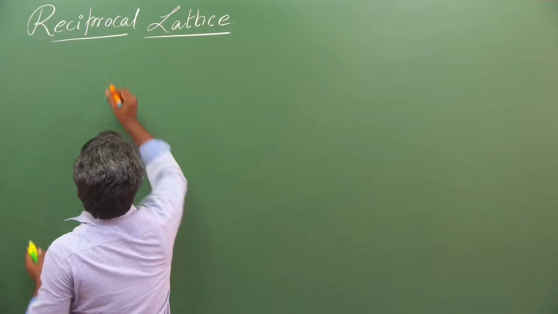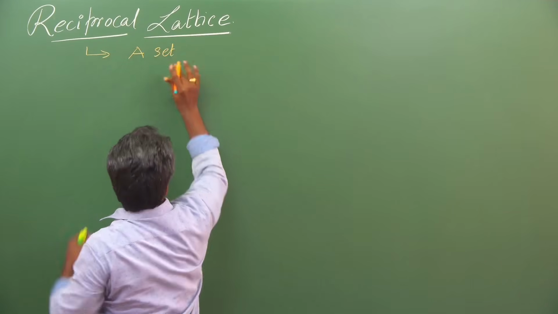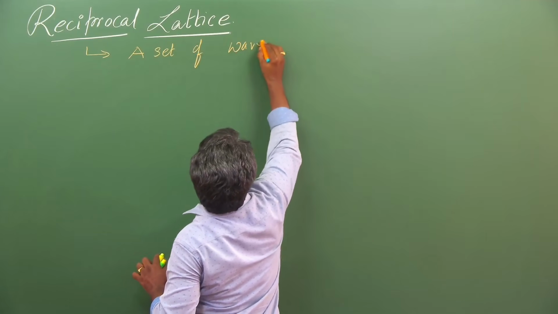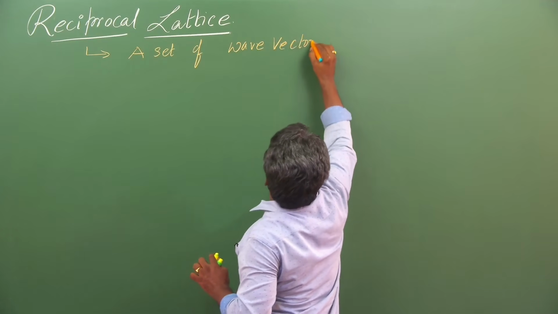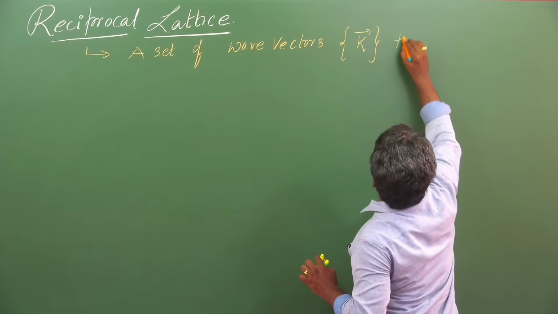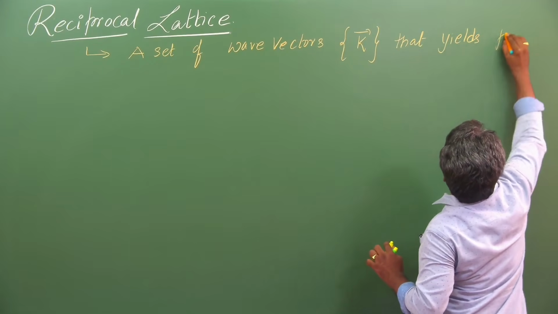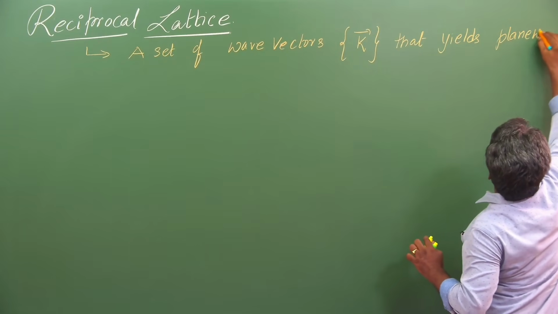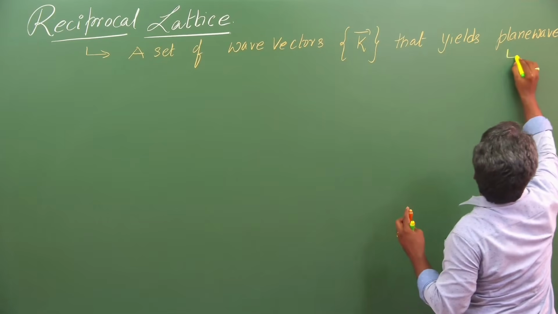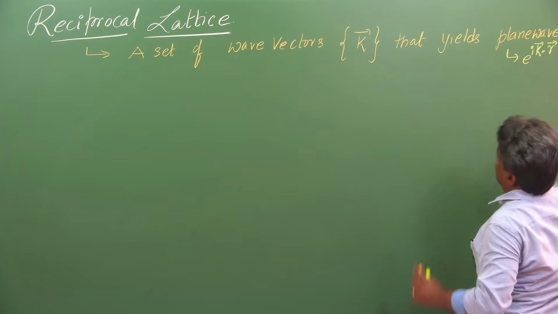Now let me take the definition again, since you are still not understanding. I will explain once again. A set of wave vectors, that is the k bar, that yields plane waves. I hope you know what this plane wave is, why I have written e raised to i k bar dot r bar.